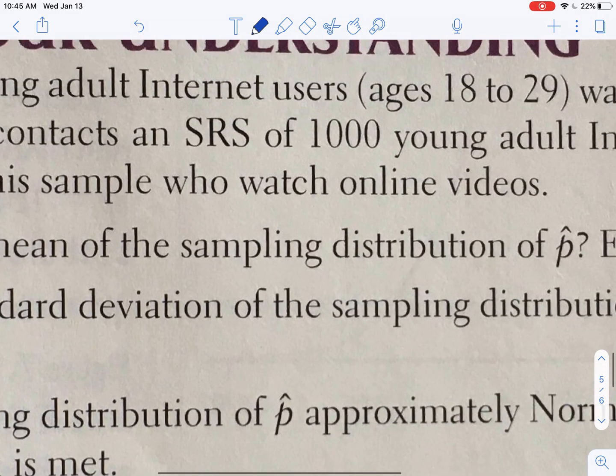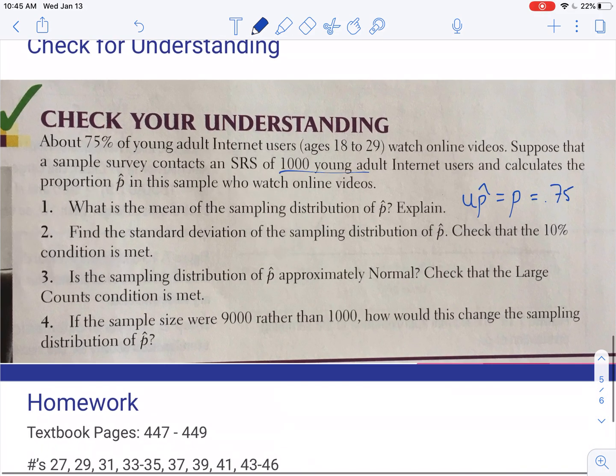So we've got 1,000 young adults, and it says internet users. We don't have a number of young adult internet users, but I think we can all agree that it's above 10,000. So as long as we have 10,000 or more young adult internet users across the country, world, whatever we're considering here, we are meeting the 10% condition, which I think we've easily met with 1,000.